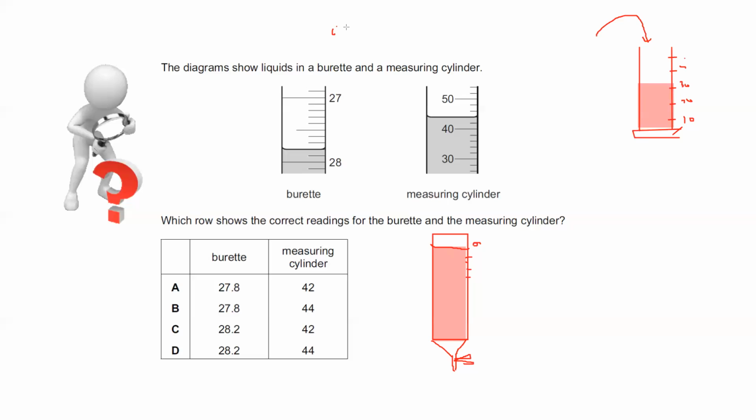Now the question is, which row shows the correct reading for a burette and for a measuring cylinder? What is the reading on the burette and what is the reading of the measuring cylinder? A, B, C, or D?